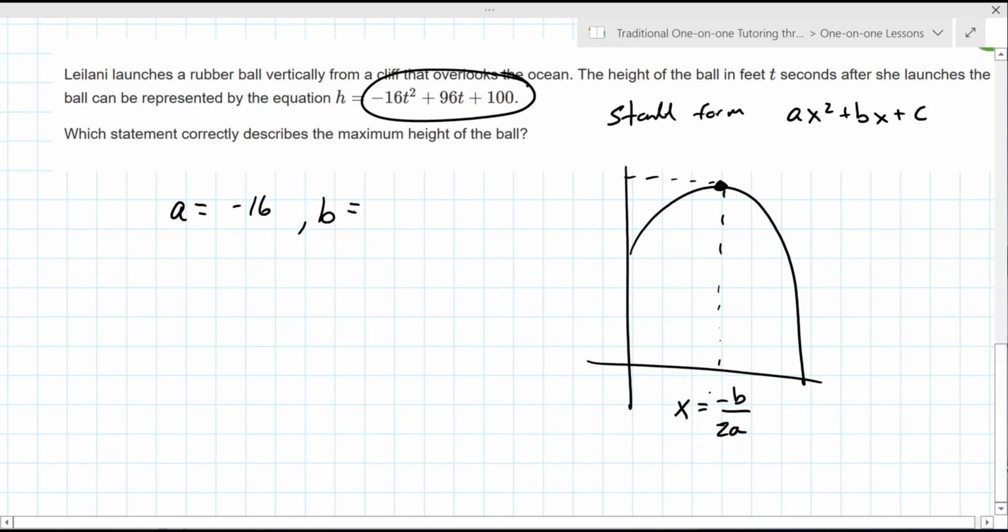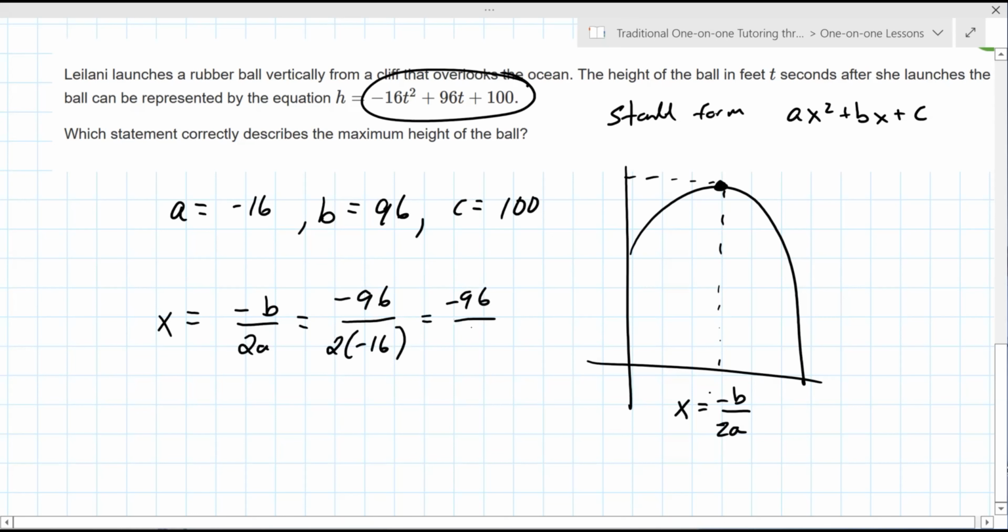How about b? That's in front of the x term or the t term. 96. Okay, and we don't need it yet, but what is c? Let's just say we did need it. 100, perfect. So to find the x coordinate of the vertex, you need minus b over 2a. Minus b is minus 96 over 2 times minus 16. So this ends up being minus 96 over minus 32, which is 3.